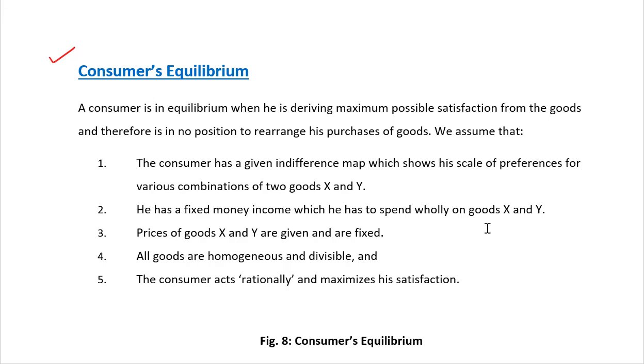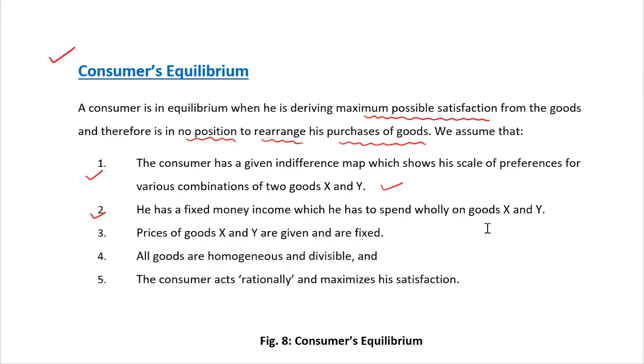A consumer is in equilibrium when he is deriving the maximum possible satisfaction from goods, and therefore there is no position to rearrange his purchase of goods. But in calculating the consumer's equilibrium, there are various assumptions. What are the various assumptions of consumer equilibrium? The first assumption is the consumer has a given indifference map which shows his scale of preferences for various combinations of goods X and Y, and he has chosen the best.